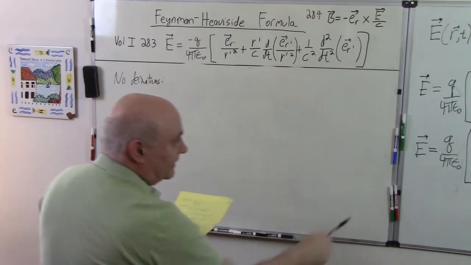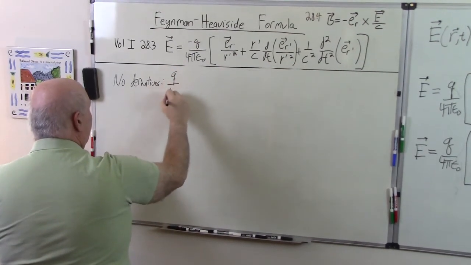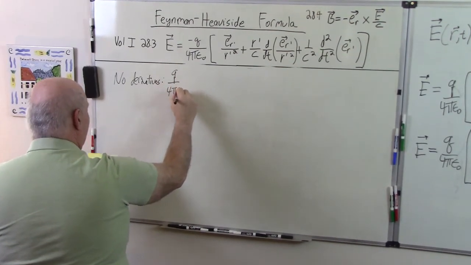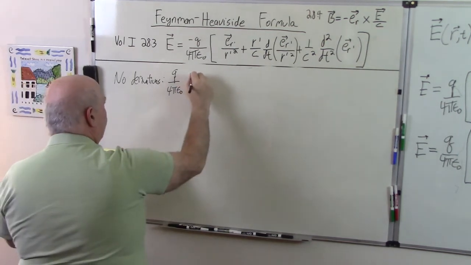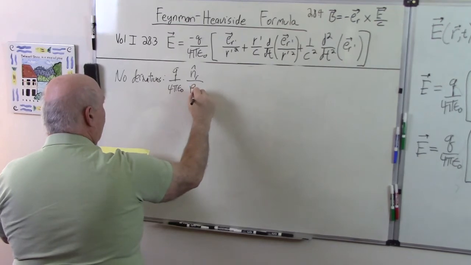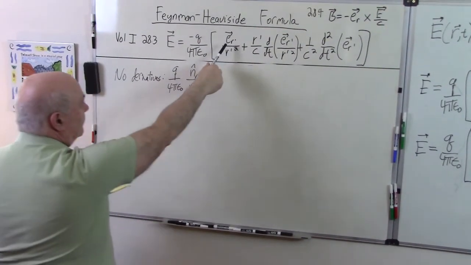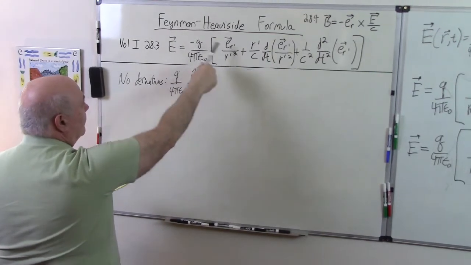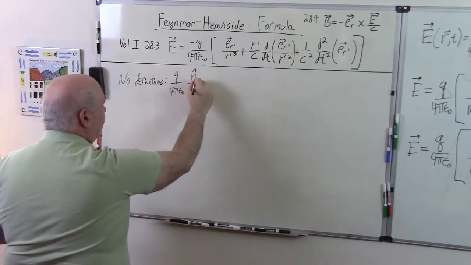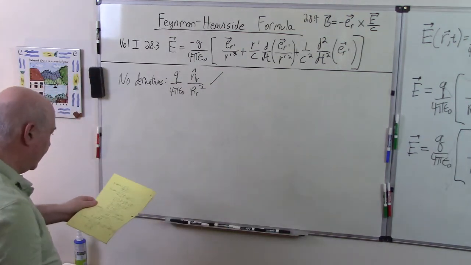And the only term that doesn't have a derivative is the first one. So we get q over 4 pi epsilon 0 n_r over r_r squared. And Feynman uses e_r with a minus sign for our n_r. So this is good. That checks.